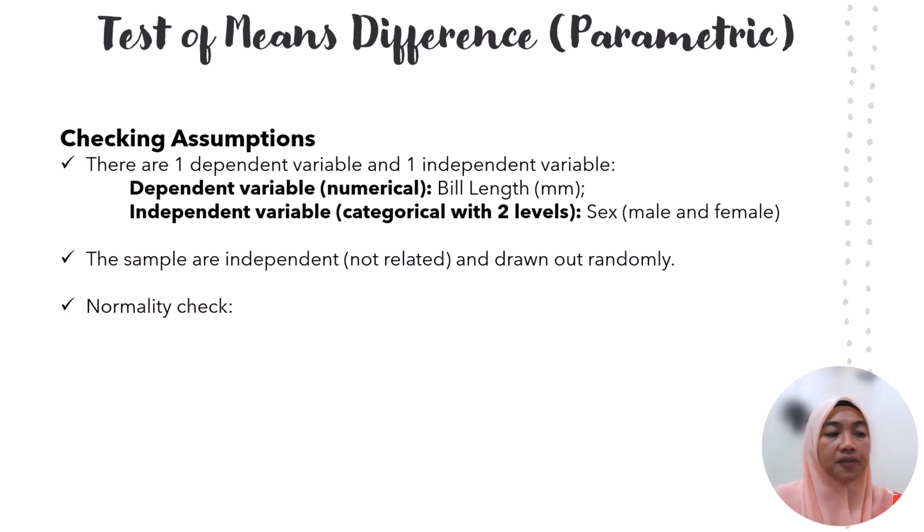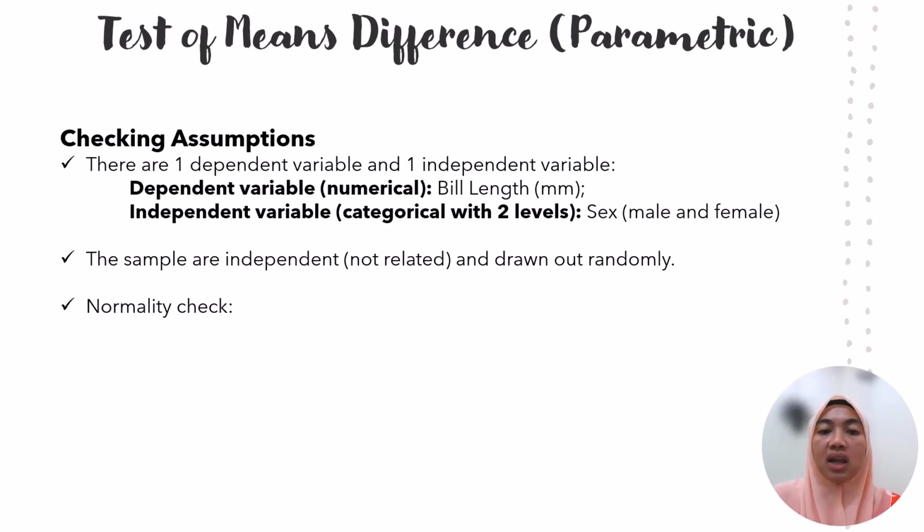After we state our research question and hypothesis, we need to check our assumptions. There is one dependent variable and one independent variable, where the dependent variable is numerical and the independent variable must be categorical with two levels.